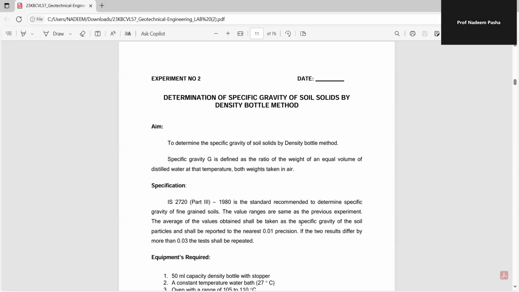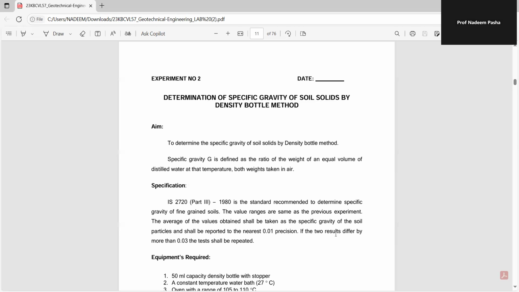The value ranges are the same as the previous experiment. The average of the values obtained shall be taken as the specific gravity of the soil particle and shall be reported to the nearest 0.01 precision. If the two results differ by more than 0.03, the test shall be repeated.